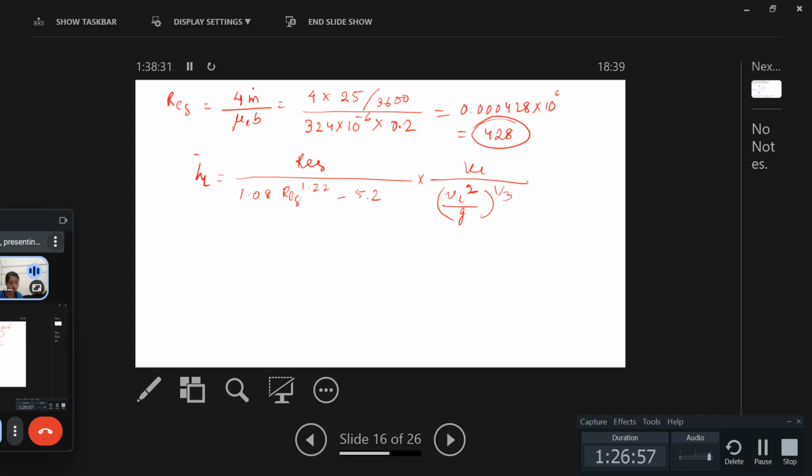So mu L is 324 divided by 967 is equal to 0.335 into 10 power minus 6.